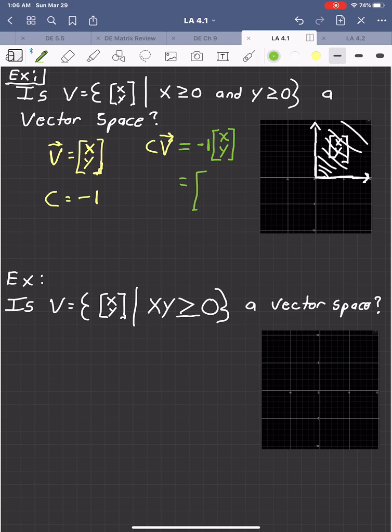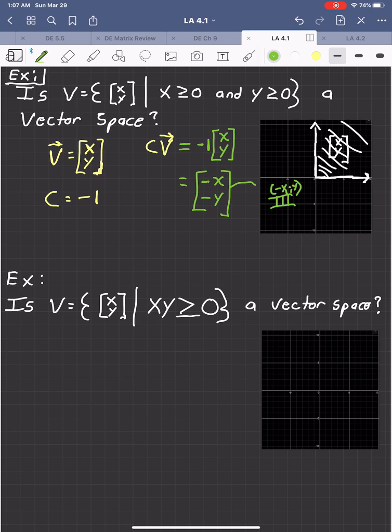Let's go ahead and see what comes back out. This would be (-x, -y). Now, what comes back out should also be in the shaded region, right? Is it? Well, (-x, -y), that's in quadrant 3. Right, here's where the x's are negative and the y's are negative.